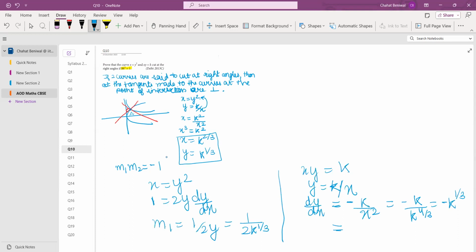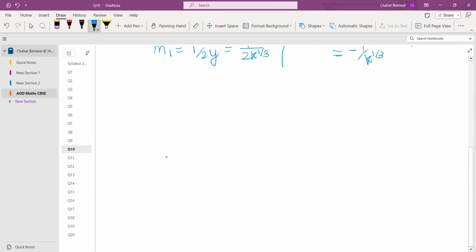I hope I'm doing it right. Yes. Okay. 1 minus 4 by 3 is minus 1 by 3. So it is minus 1 upon k raised to power 1 by 3.